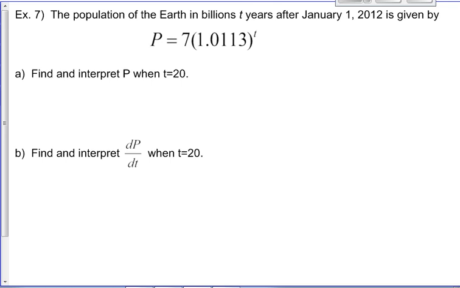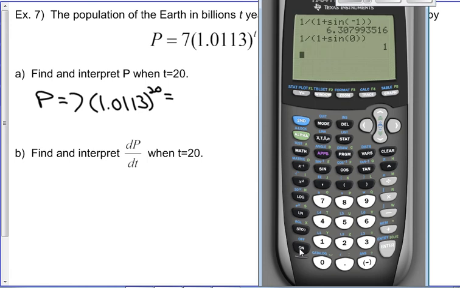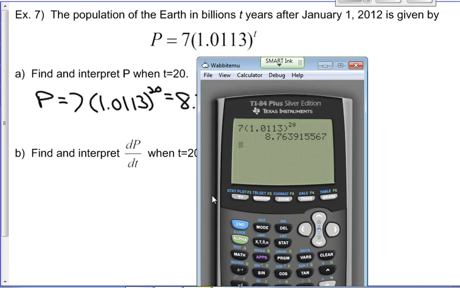So if we interpret P when t is 20, that just means throw a 20 in for t. Okay. And we head to the calculator. And we go 7 times 1.0113 to the power of 20. And we get 8.76 roughly. That's what P equals.